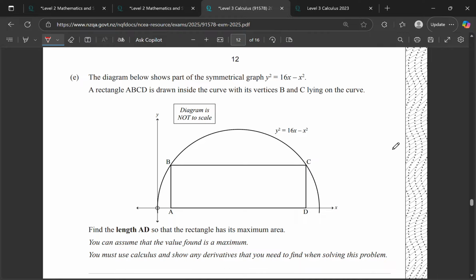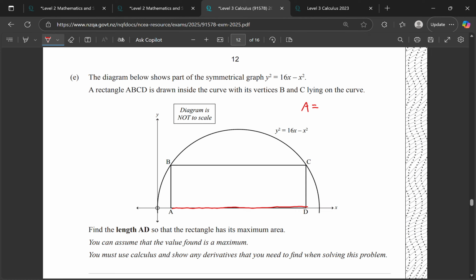All right, so I do believe the key is finding the area of the rectangle, which is length times width. When we think about AD, it's inscribed in a semicircle.